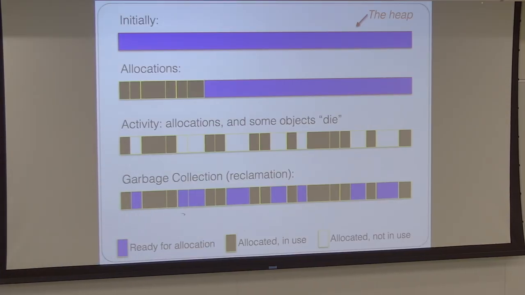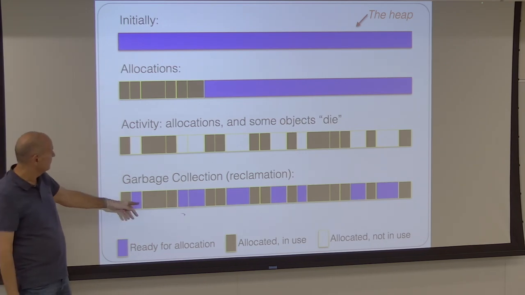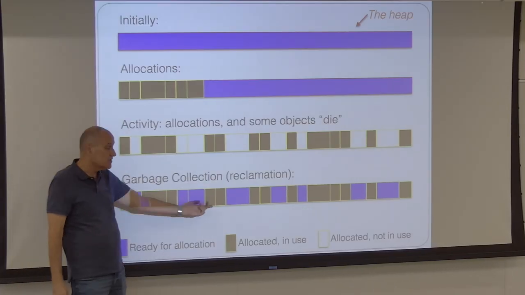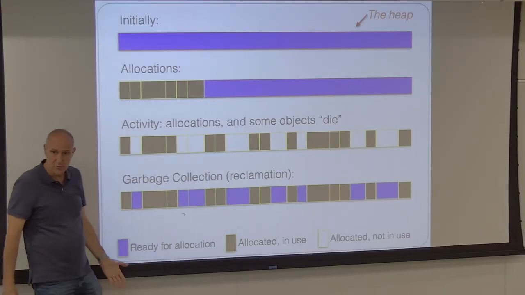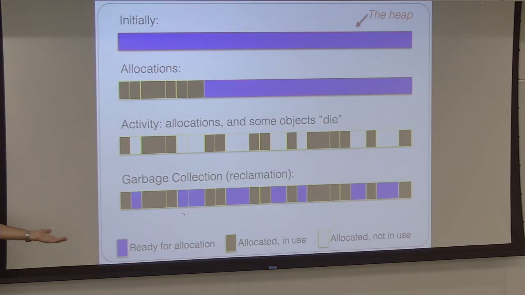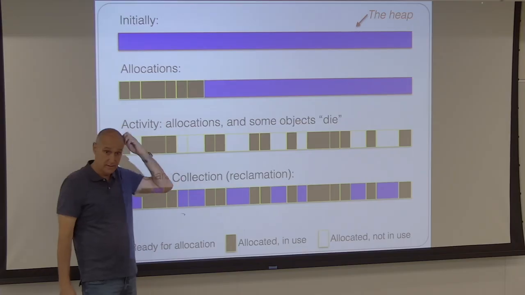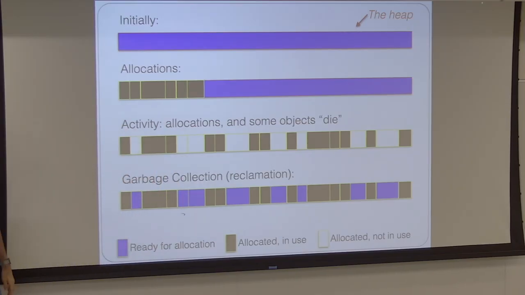This is the lifetime of the system, and it goes again. We'll allocate, it will become full, but other things may become white, and we'll do garbage collection again, and it will determine which can become reclaimable and reallocated. So this is the cycle.